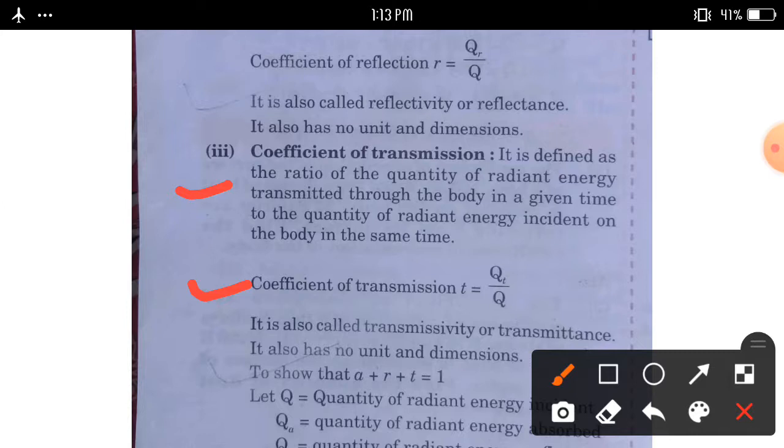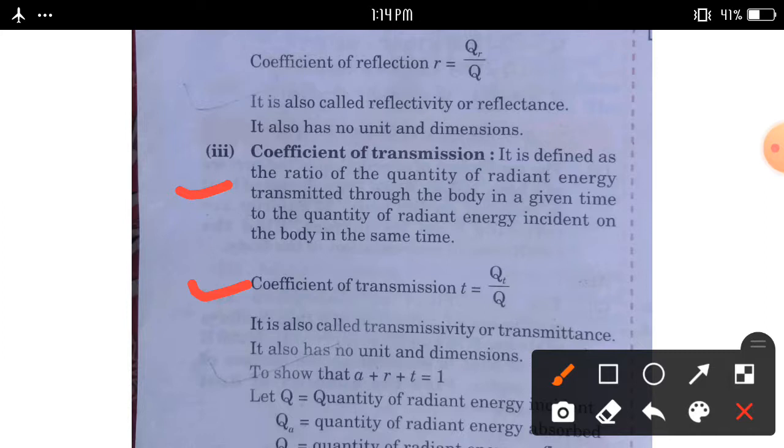Then we can discuss another concept, the relation between the coefficient of absorption, coefficient of reflection, and coefficient of transmission.